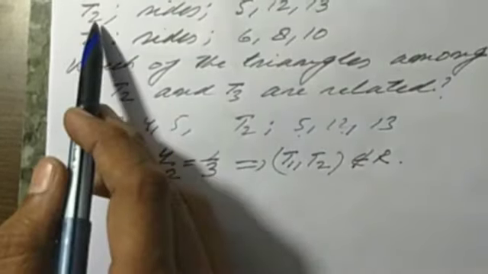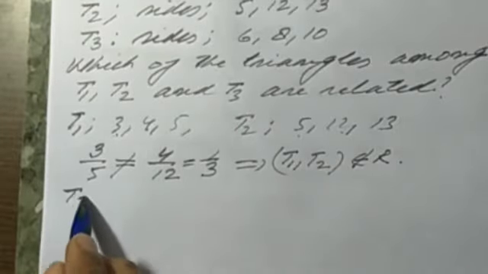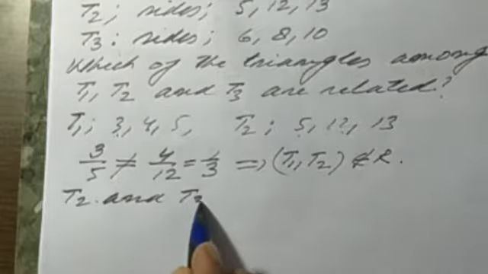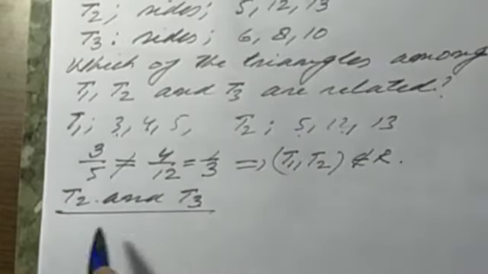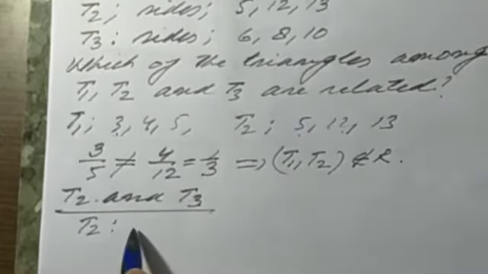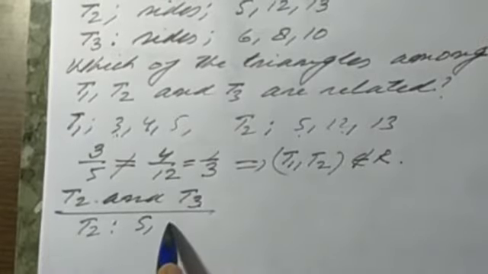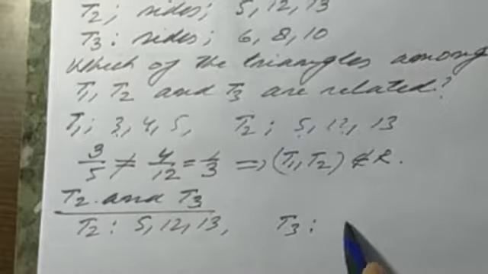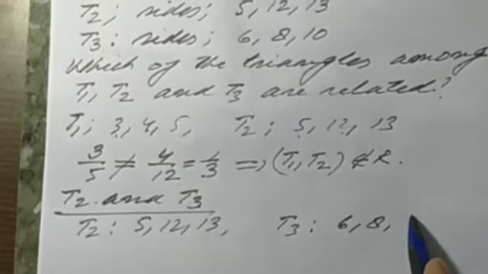If we consider T2 and T3, T2 has sides 5, 12, 13 and T3 has the sides 6, 8, 10.